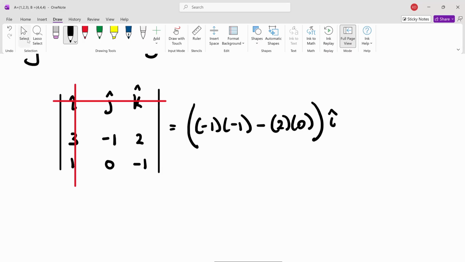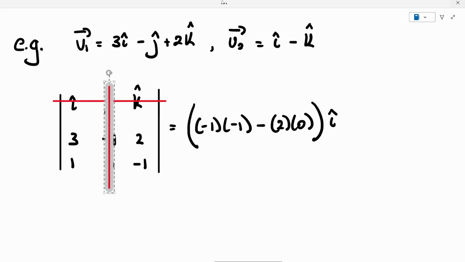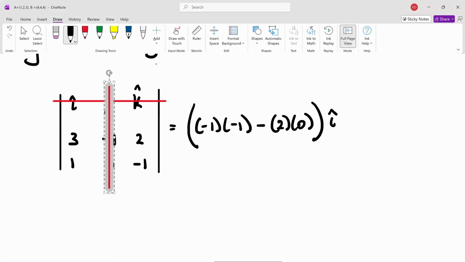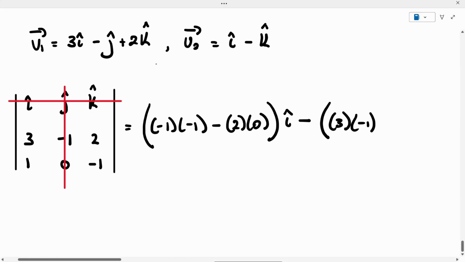Nice. Now we block the second column. So we'll change the sign: minus, 3 times minus 1 minus 2 times 1.